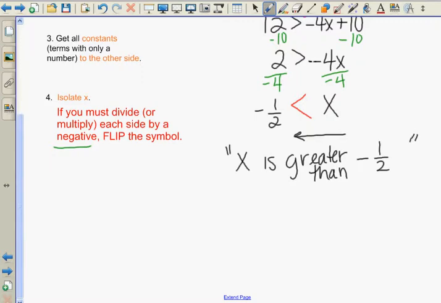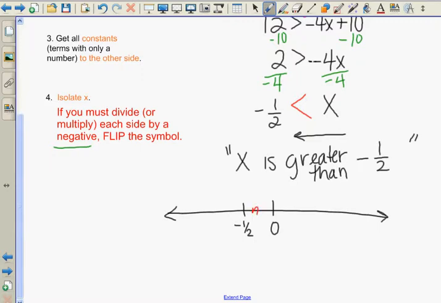And in general, we show that on a number line. So just put on 0, so I know where the middle of your number line is, and then negative 1/2 is to the left. Okay, so our answer says, as long as x is any number greater than negative 1/2, then it should make our inequality true.